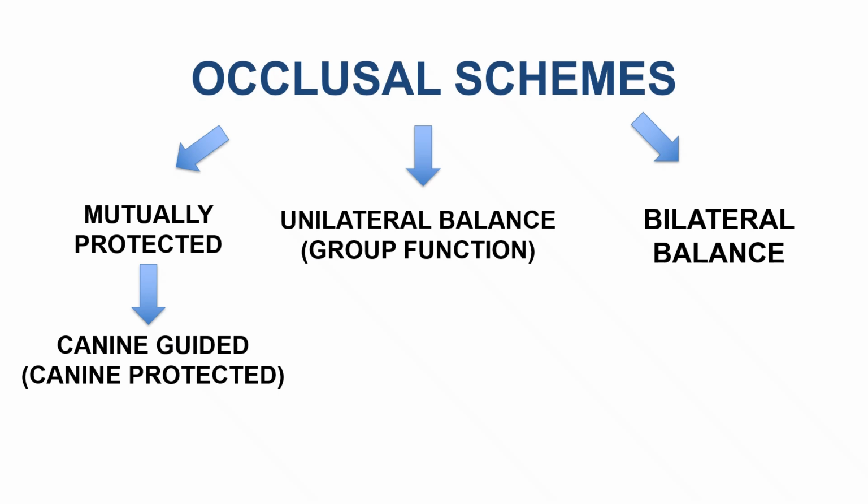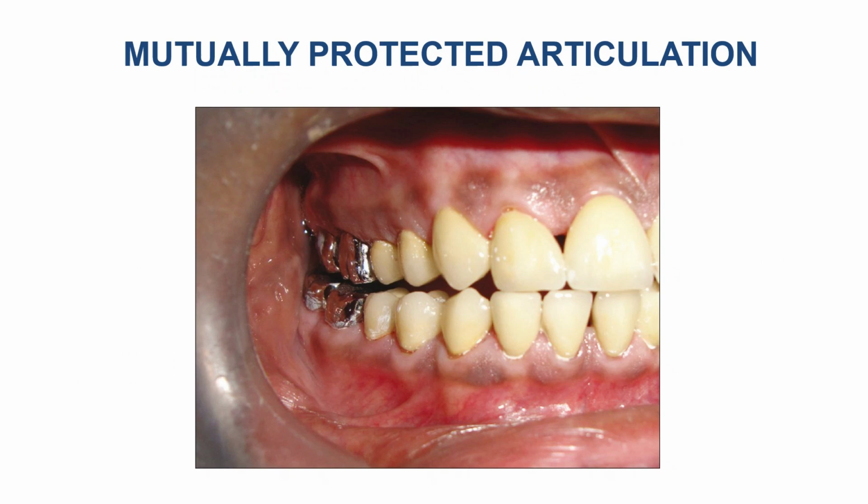Under mutual protection, we have a subcategory called canine protected occlusion. Basically, all these occlusal schemes depend on how the disocclusion happens when the teeth are moving. So this is called a dynamic relationship of teeth, or rather we have to refer to this as articulation of teeth. First let us see what is mutually protected articulation.